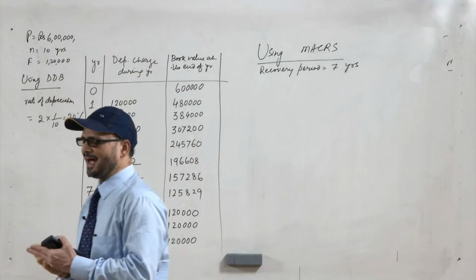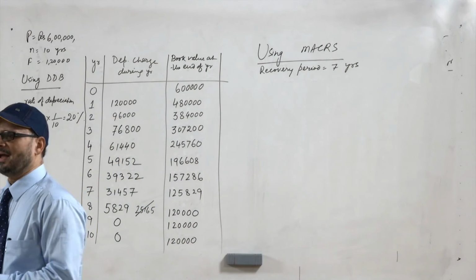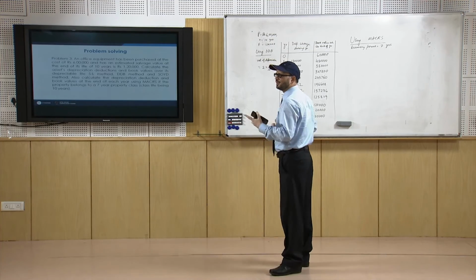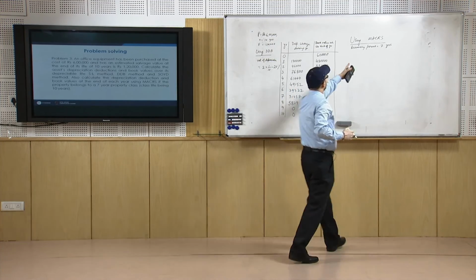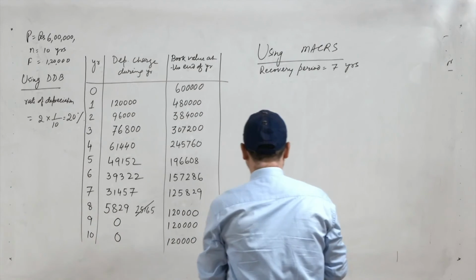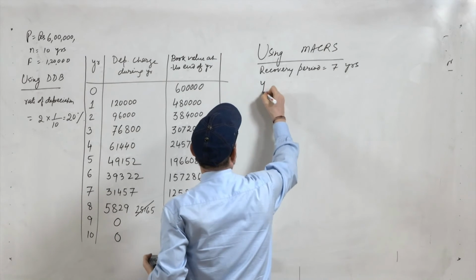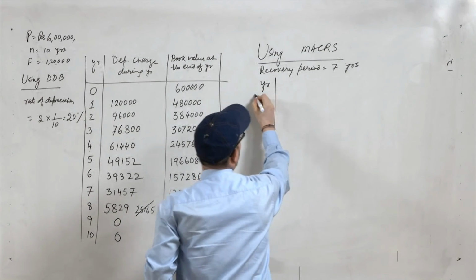Now, for that we can compute the table and we see what percentage of the first cost will be used as the depreciation charge. Now, if we go for the year end, it will go for 8 years.